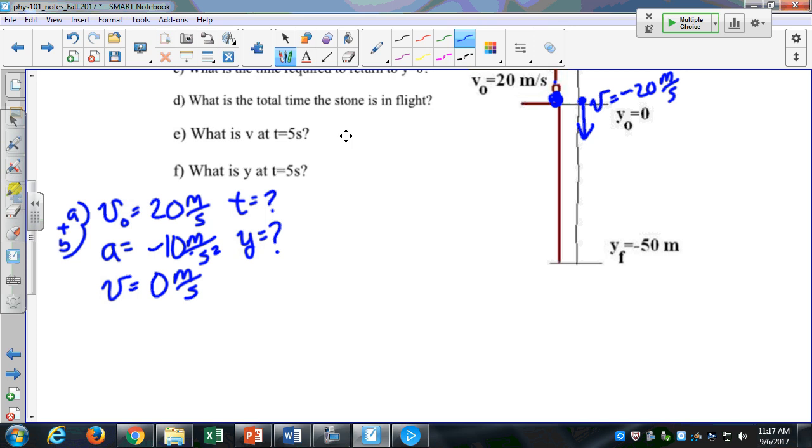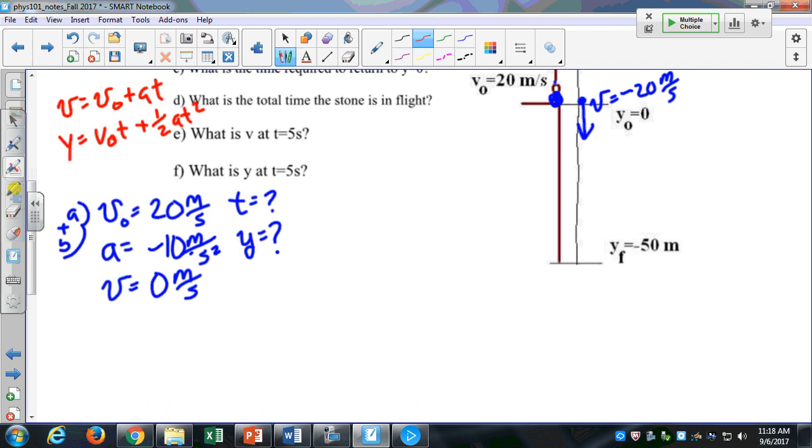So to find the time, I always like to write my equations up here at the top of my page. V equals V naught plus AT. It just helps remind me what I know and what I don't know and how these variables are related to one another. Well, let's see.